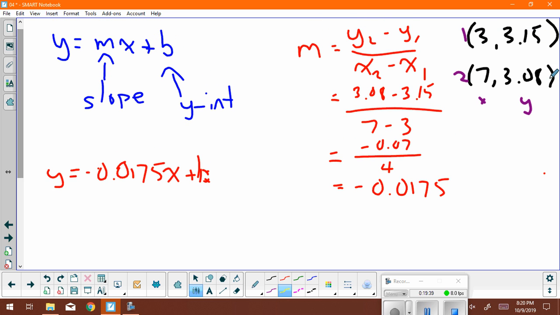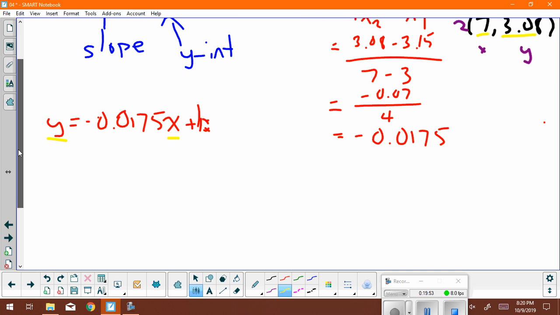So the other way you can do this, to get my y-intercept, now that I know my slope, I can plug in one of my points, right? So let's say I'll use the one that was right on the line, this one. I can put that in for y and x and use it to solve for b.